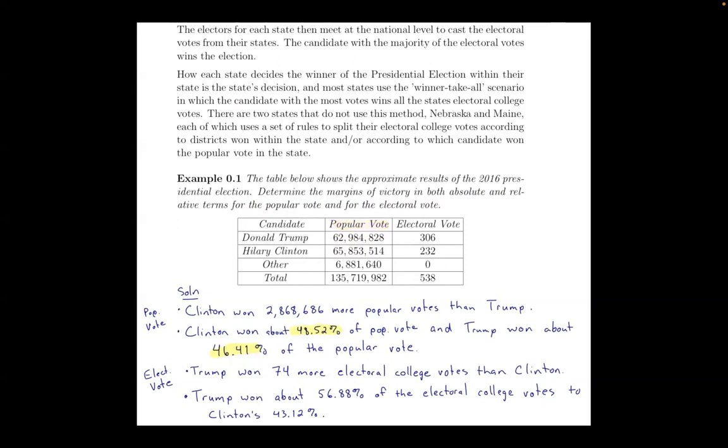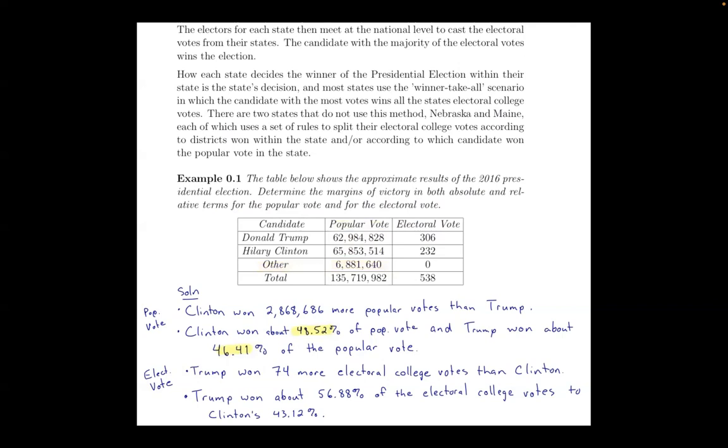And the other thing is this, the reason that no candidate got a majority was in part because there were other candidates that were involved. So 6.8 million votes approximately were cast for other candidates, which was enough to take away the popular majority from any candidate. Now, even had one of these candidates won the popular majority, it still would not have affected the Electoral College vote, at least not directly.